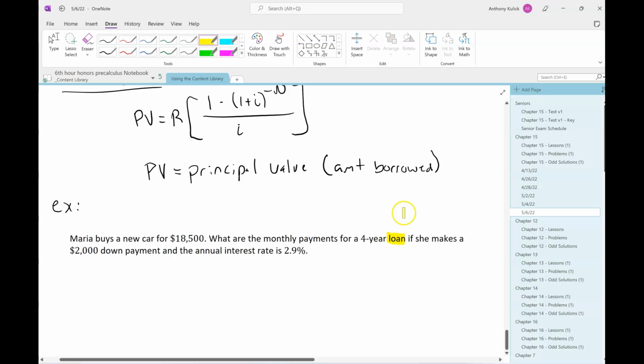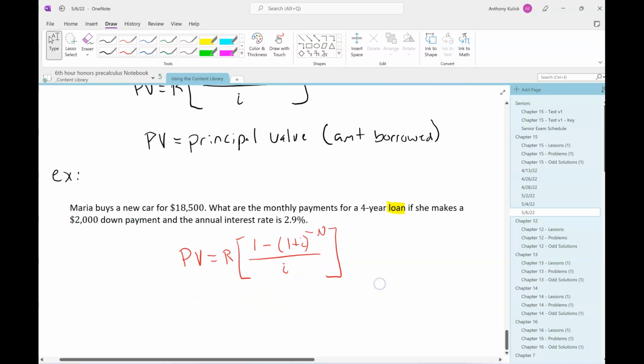So I hear loan, and I'm quite confident I'm going to be using my loan annuity formula. What are we asking to solve for in this problem? Yeah, what are the monthly payments? So we're looking for R. Great. So let's start filling some stuff in then.